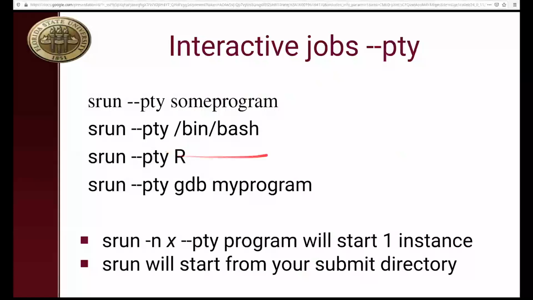And the program can be bash if you just want to have a shell on a compute node, or R, or if you just want to start a debugger, if you want to debug your program. For example, the login node has a time limit and a memory limit, and if your program needs a lot of memory and you need to debug it, you can debug the program on the compute node directly with srun.